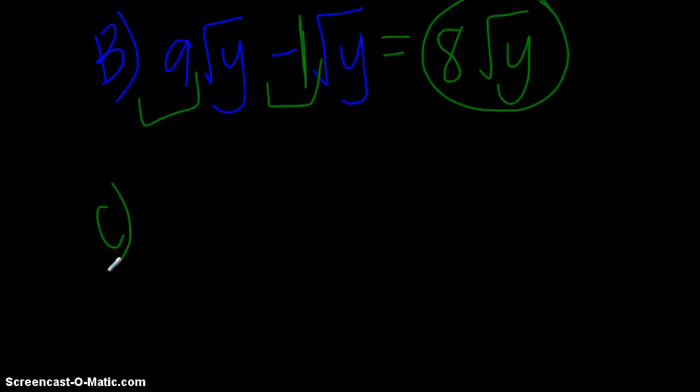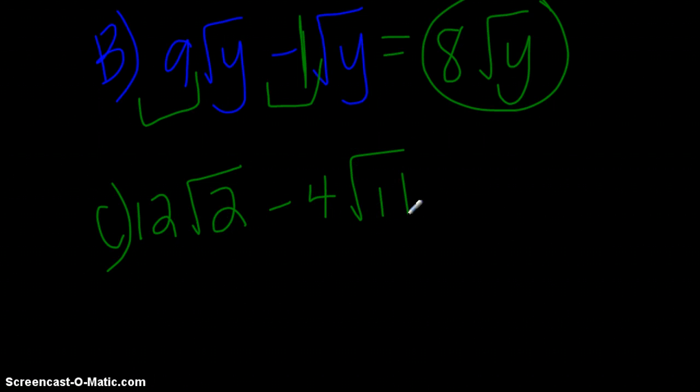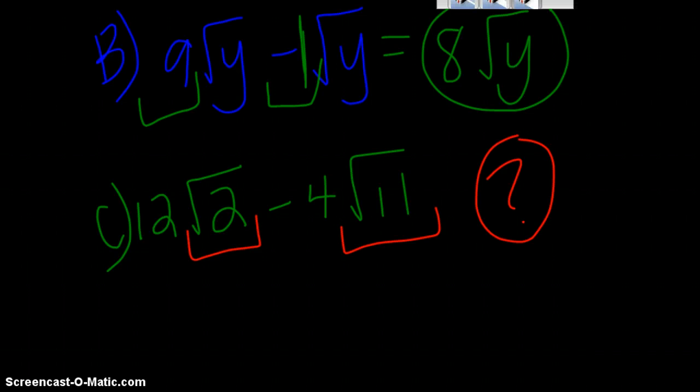Let's do 12 root 2 take away 4 root 11. So in this one, they don't have similar radicands. So what you're going to think to yourself is, can I simplify those any further?